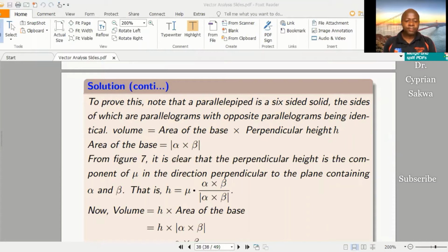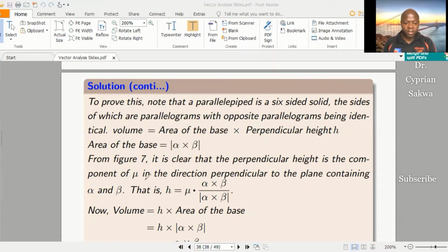And so, for us to get height, what we need to notice is that the height is a component of mu, and it's in the direction that is perpendicular to the plane that contains alpha and beta.